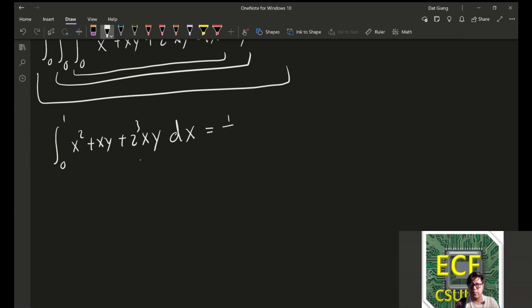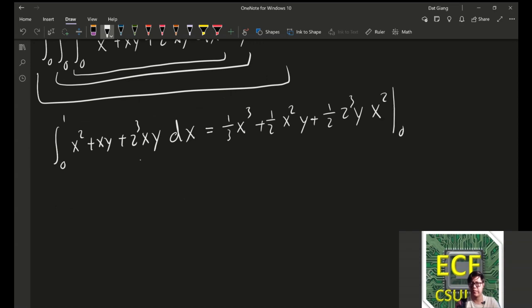So in this case, we have 1/3 x cubed plus 1/2 x squared y plus, or apologies, 1/2 z cubed y x squared.